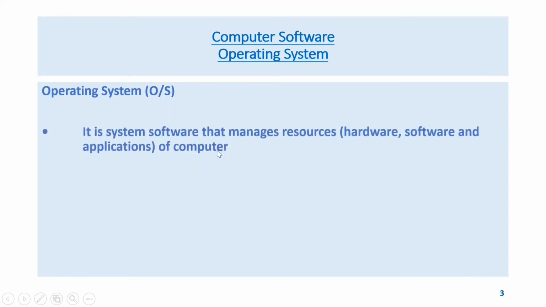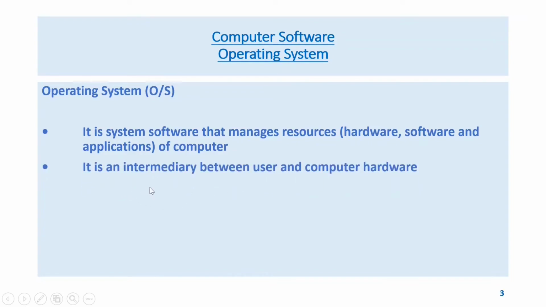Operating system is a subdivision of the system software. So it is the system software that manages resources, whether it's a hardware resource, a software resource, and applications of computer. So any of the resources of the computer, the operating system manages that resource, and it is a part of the system software.